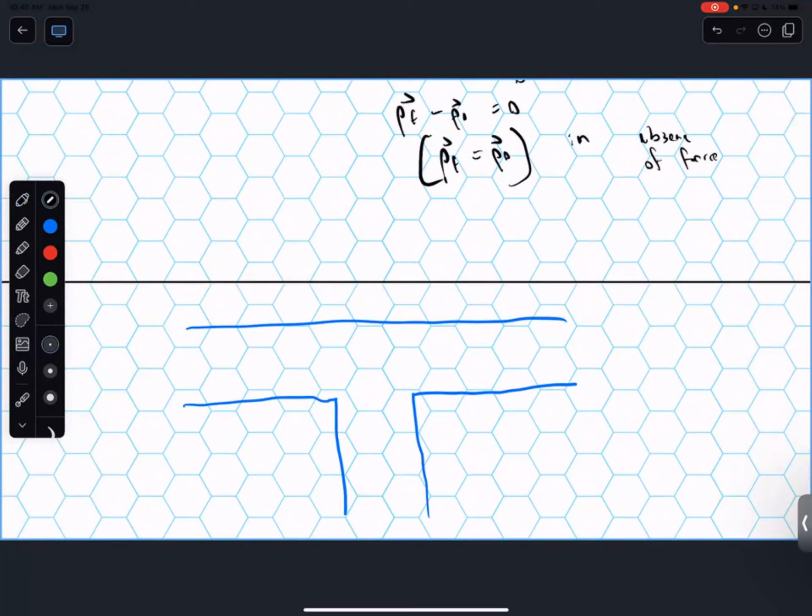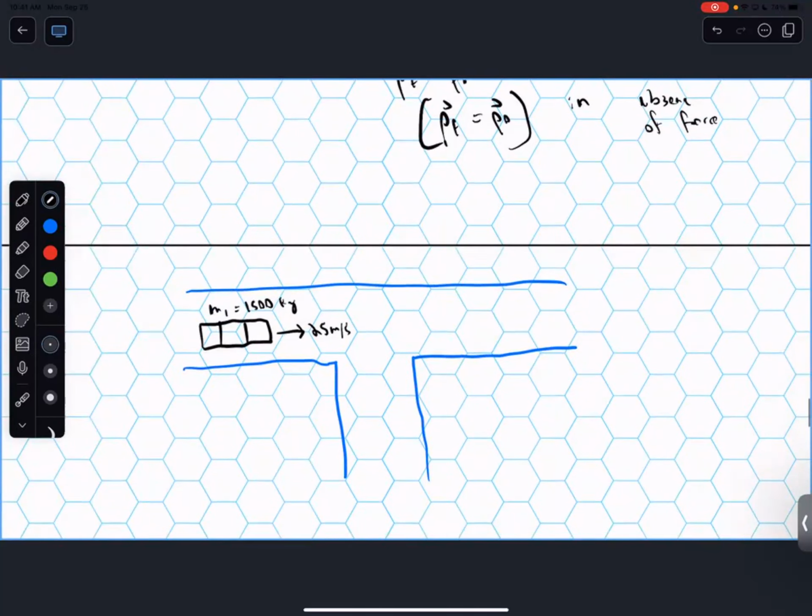I'm going to have car 1. It's kind of a long car. This is going to be a car that has a mass of 1,500 kilograms, same as the car we just saw above. We're going to say it's heading into this intersection at 25 meters per second, a little bit faster than we just saw.